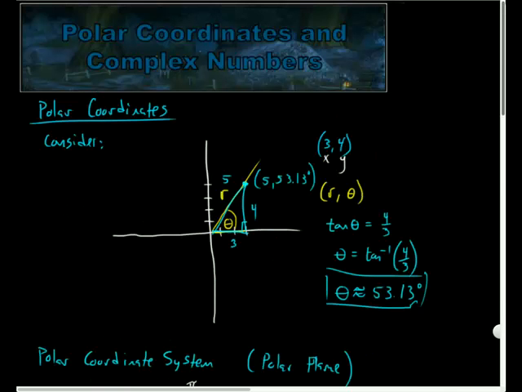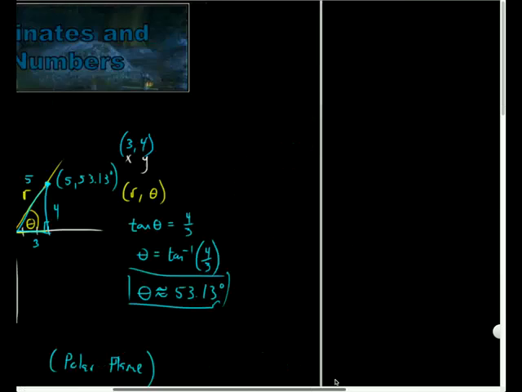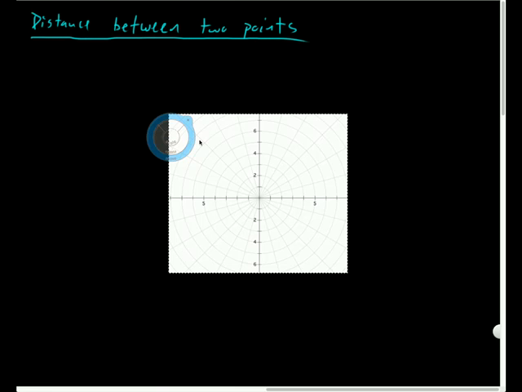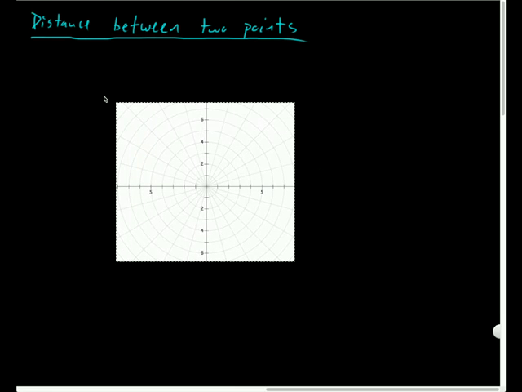And the last type of problem that I want us to consider is the distance between 2 points on the polar coordinate system. And so this is kind of an interesting case. Let me start off with some grid here.